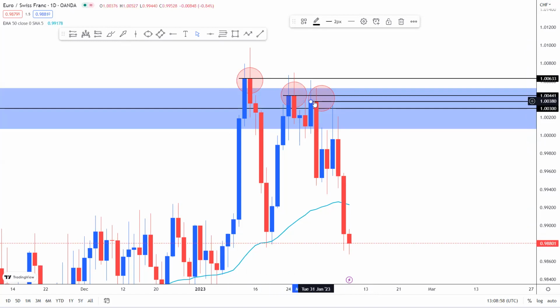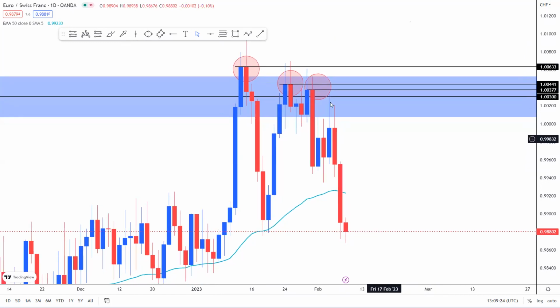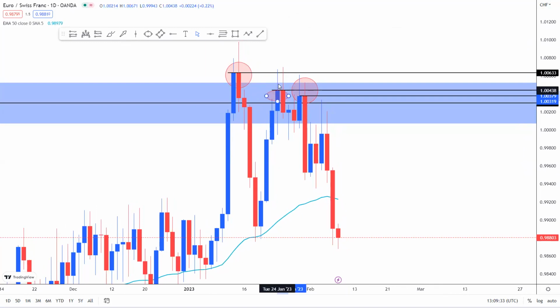Take note of the candlestick closes, and then we have this daily high lower than the previous daily high, giving us more daily lower highs, giving us more clues that the buyers' pressure is kind of slowing down. Then we quickly had a daily break of the double top.